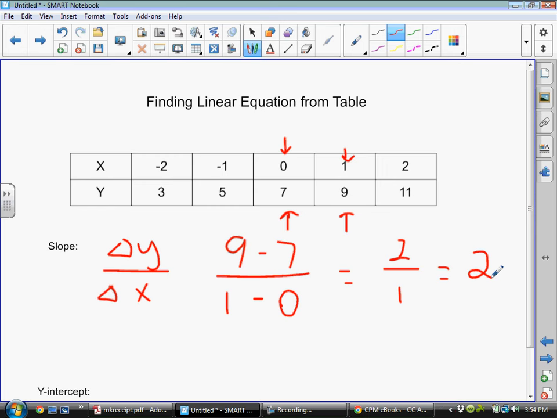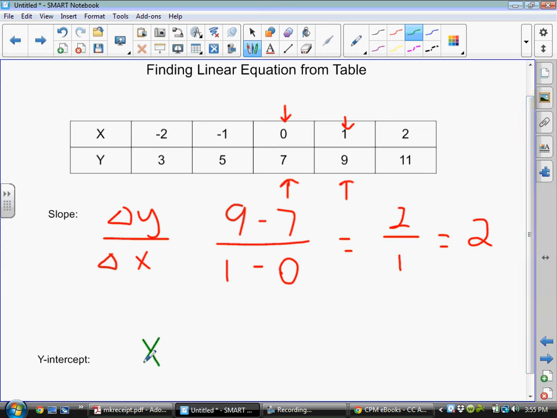Now the first thing I want to do is look at the table and see if the y-intercept is already in the table, and it can save me a little bit of time. My y-intercept is when x equals 0, the other number, y equals something. That's my y-intercept. So in my table, I'm looking for when x equals 0, the y value is the y-intercept.